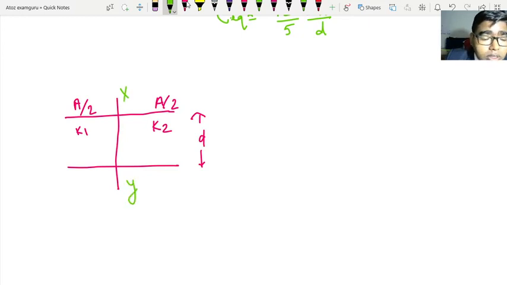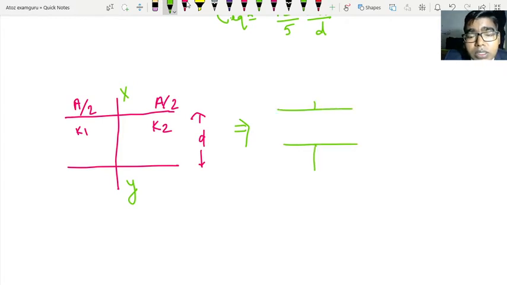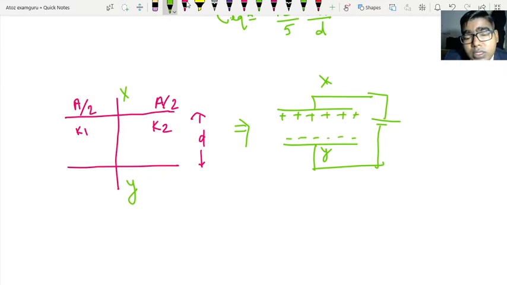So let's see, if you add a power source between the terminals x and y, what will happen? See x and it is y. This will be the positive side of the battery and this will be the negative side of the battery, right?